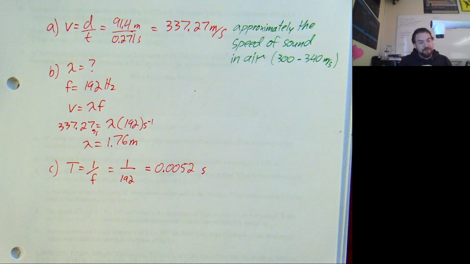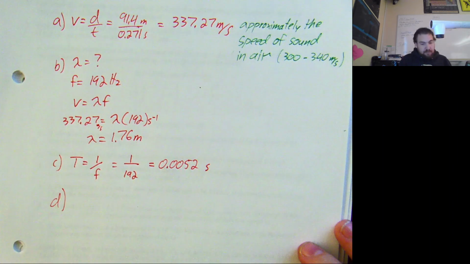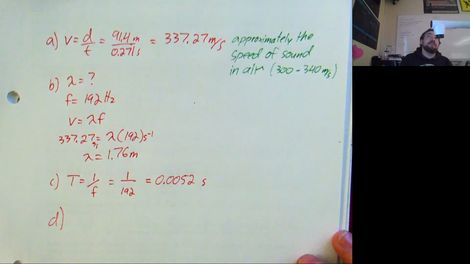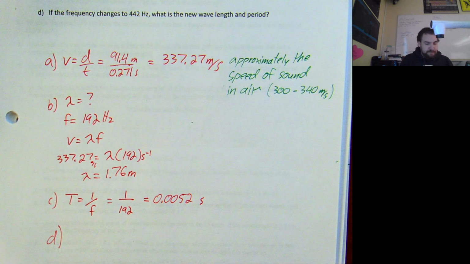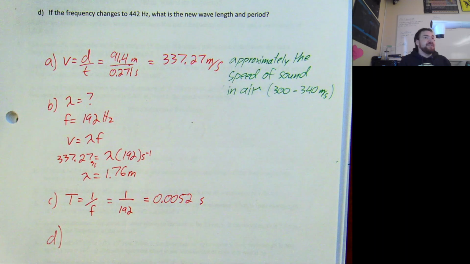And then the last piece here, if the frequency changes from that low pitch to that high pitch, what does that do to the wavelength and the period? Or what is the new wavelength and period? So what do we know? What stays the same if the frequency changes?